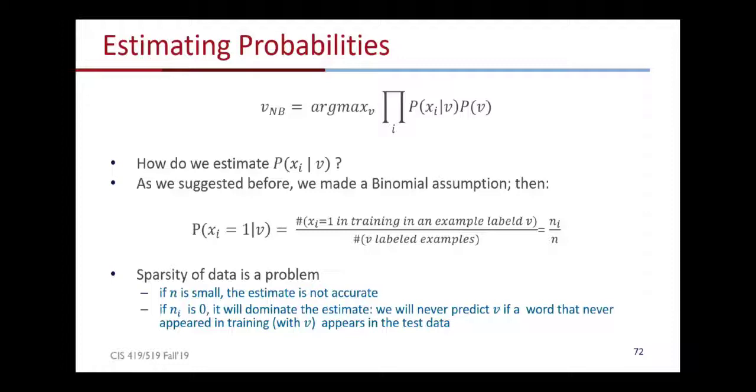If n is too small, maybe the estimation for ni is not believable. If ni is 0 or 1, it will dominate the estimate, and we will never predict v if one of the elements in this column is 0. So we have to do something.